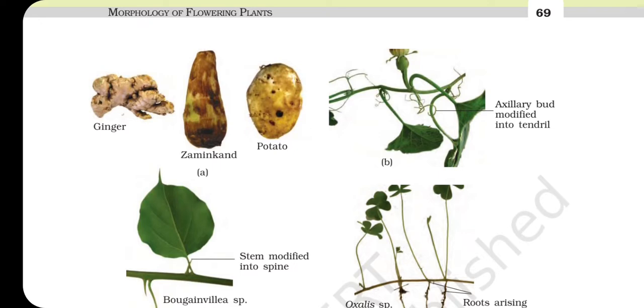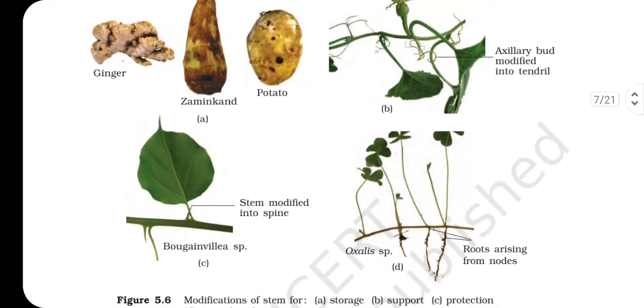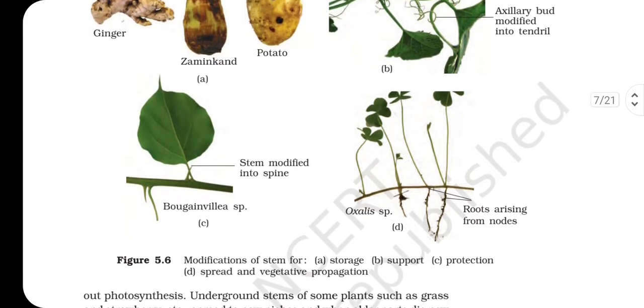Axillary bud modified into tendrils. Stem modified into spine. Axillary root arising from nodes.